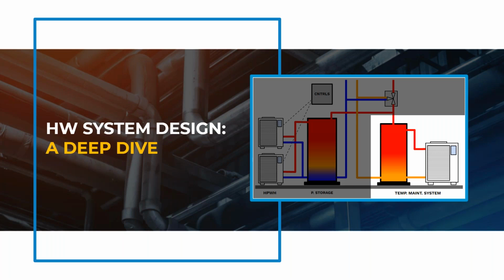Early on, about 10 years ago, with a lot of heat pump water heating systems, this was one of the most challenging aspects to make the system operate reliably, efficiently, and effectively at all times of the year. So we're going to spend some time today talking about that temperature maintenance system and some solutions that we came up with at Ecotope to have it be a very robust system that is reliable and efficient.